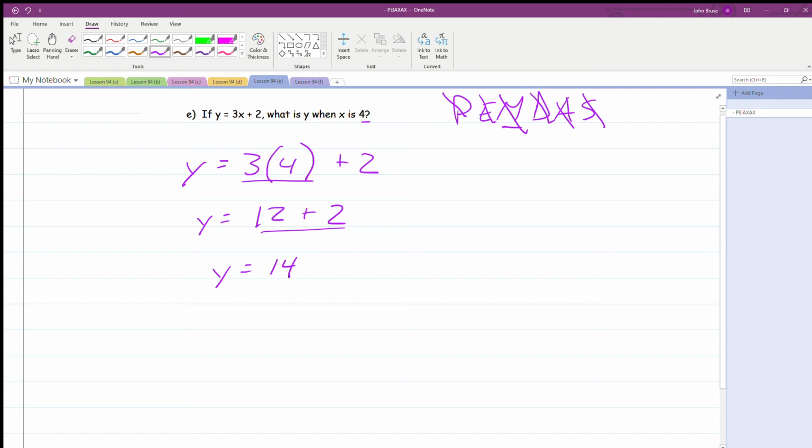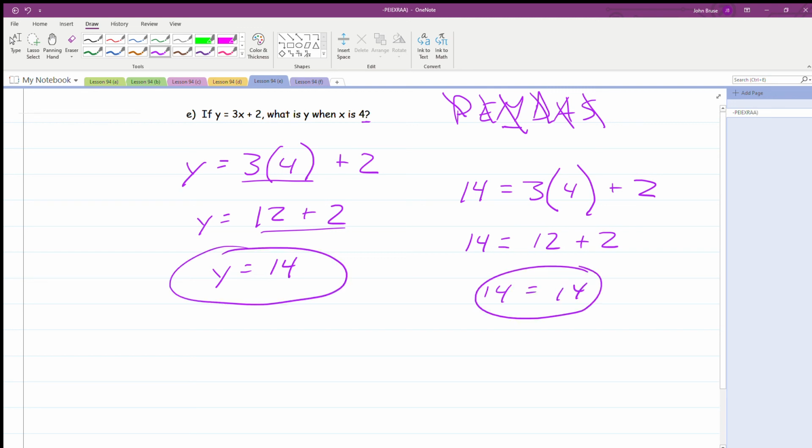So let's see if it works. 14 equals 3 times 4 plus 2. 14 equals 3 times 4 is 12 plus 2. And 12 plus 2 equals 14. So we're good. Y is 14. I should not have circled that last one there. There we go. Y equals 14.